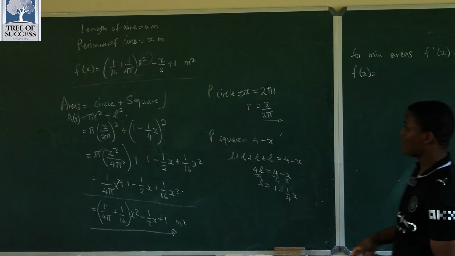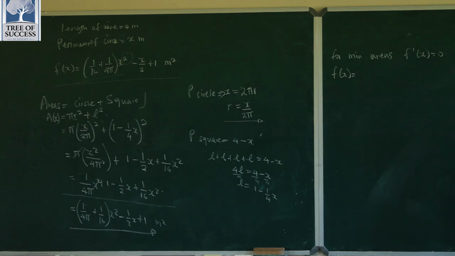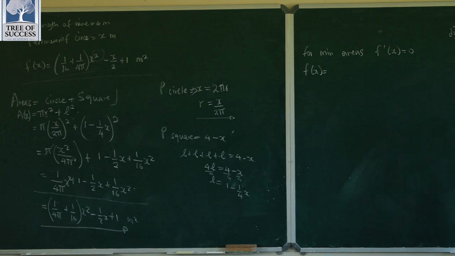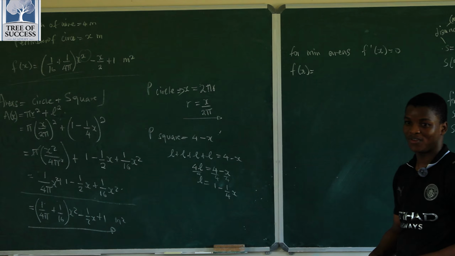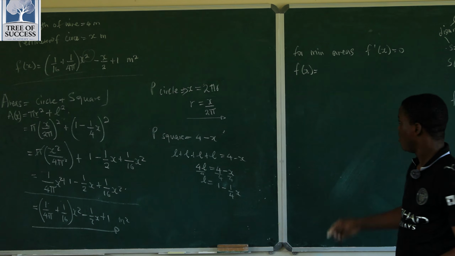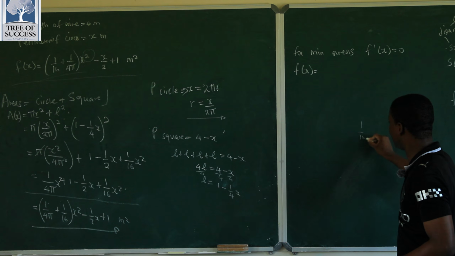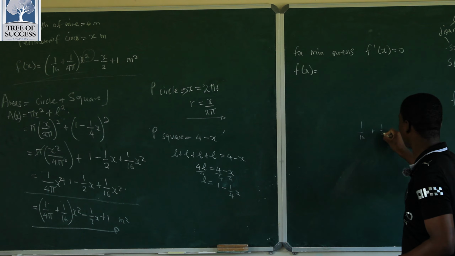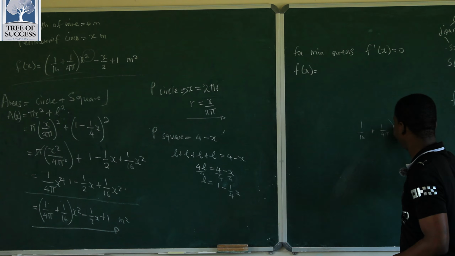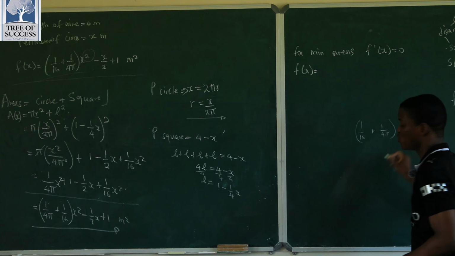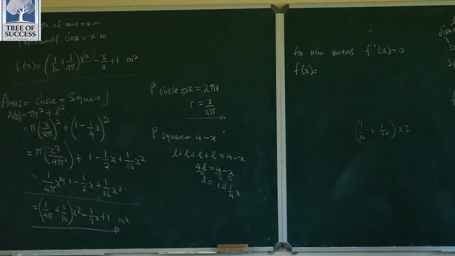So what is 2 times 1 over 16 plus 1 over 4 pi? It still doesn't come out as a fraction. When you say 1 over 16 plus 1 over 4 pi, all of that times 2, what do I get?